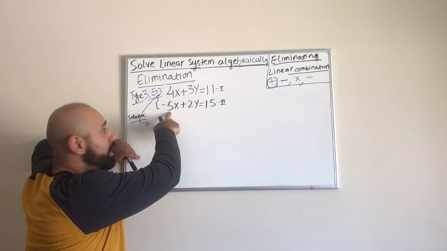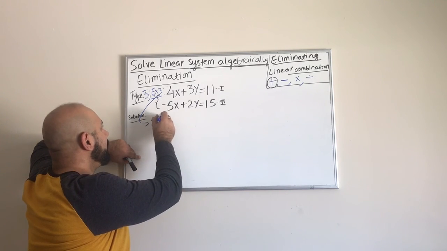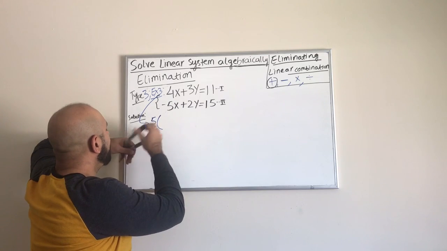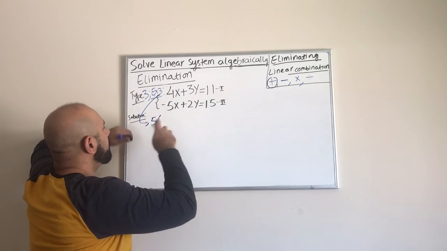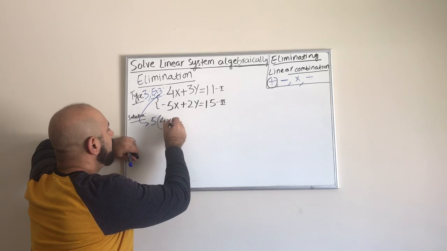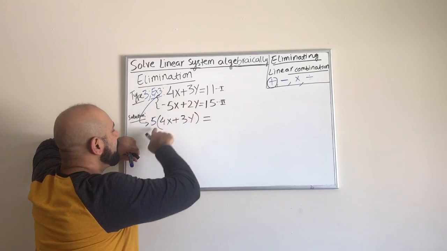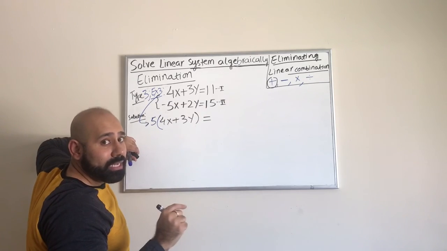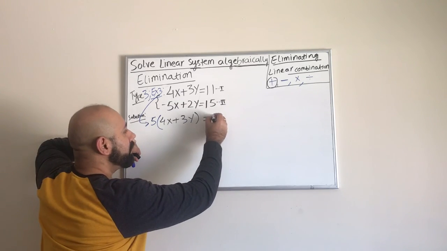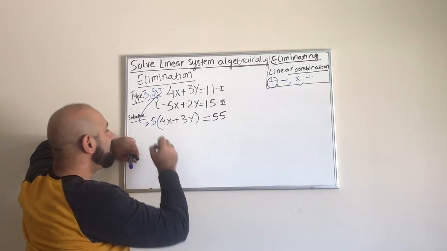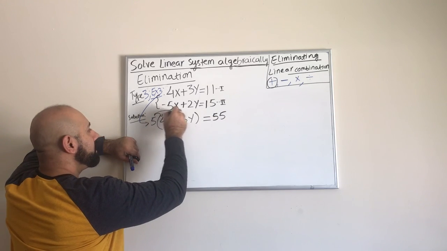Okay, so if I do that, I'm going to rewrite this, and inside my parentheses I have the equation, which is 4x plus 3y. Of course, if I multiply the left-hand side by 5, we have to multiply the right-hand side by 5 as well. 11 times 5, I can already write that as 55. Let us simplify this further by distributing 5.